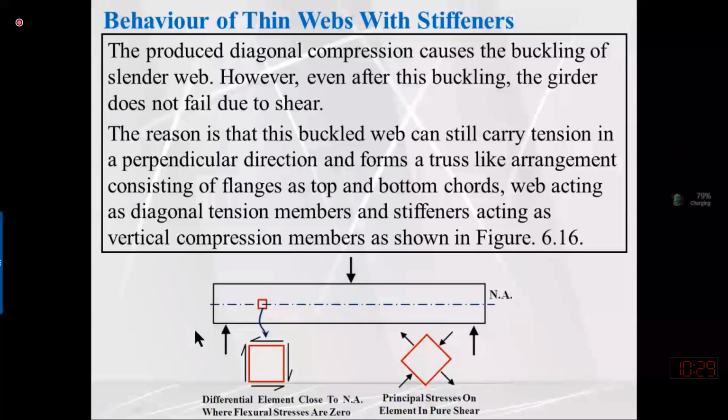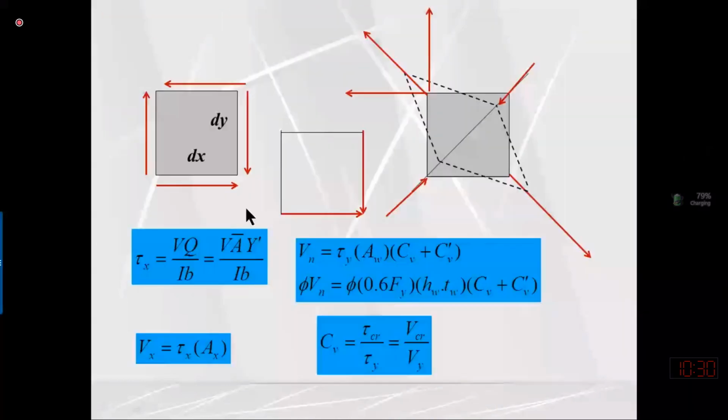So let's suppose I'm taking a very small element from the web along the neutral axis, maybe from this point, or maybe at this point where the shear force is maximum, or maybe any point along the web where we are having any particular shear force. So I would like to explain step by step. So I'm taking this small element from the web, and the bottom of this element is along the neutral axis.